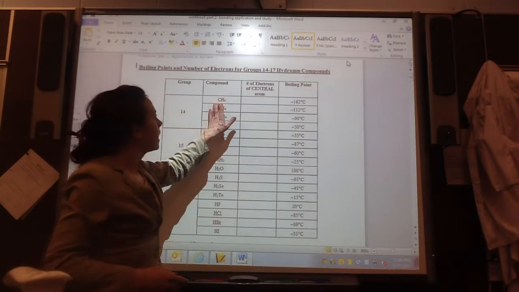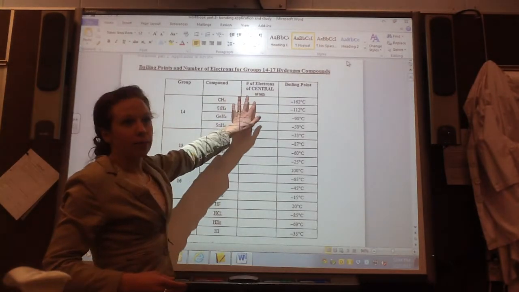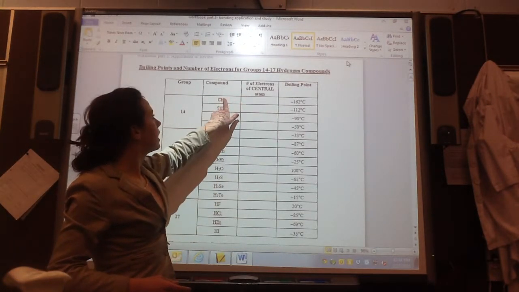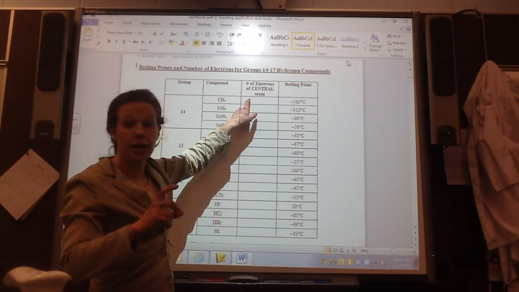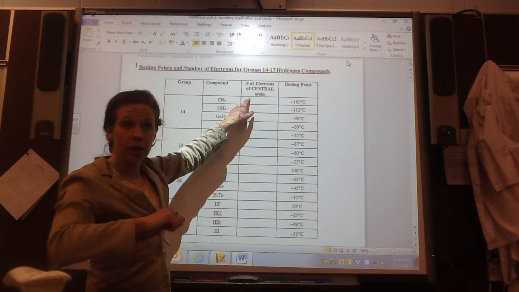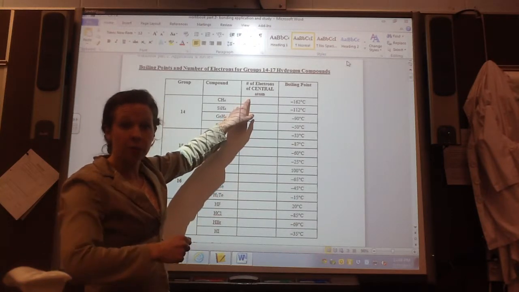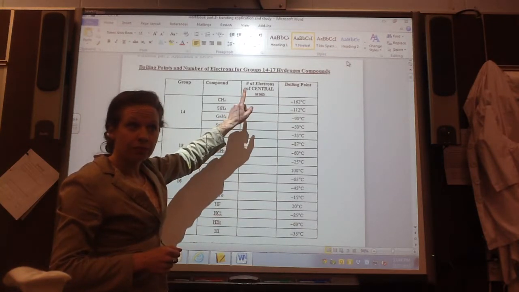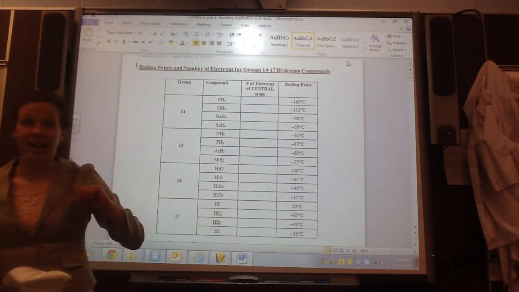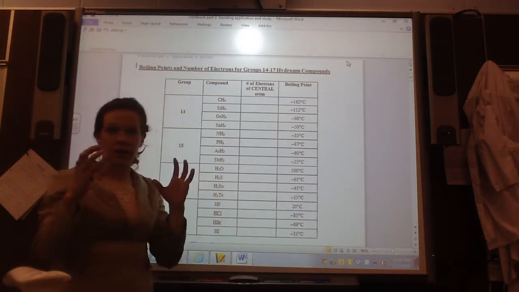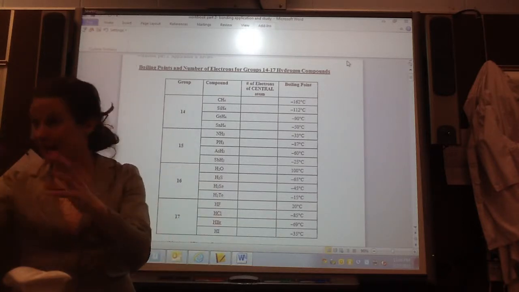So how many electrons in the central atom of this one? This is CH4, so the central atom is carbon. How many electrons does it have? Pull out your periodic table. 6. Yeah, okay. So not counting the valence electrons that it's attached to.